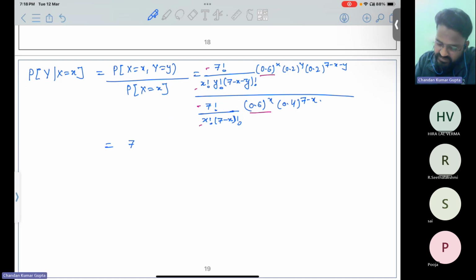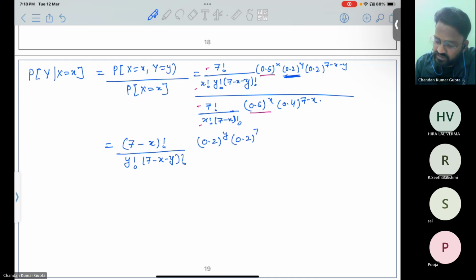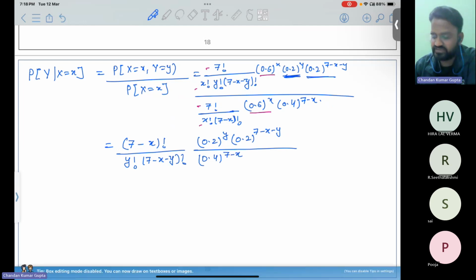It's 7 minus x factorial, divided by y factorial and 7 minus x minus y factorial. The numerator part is 0.2 to the power y and 0.2 to the power 7 minus x minus y, and in the denominator we have 0.4 to the power 7 minus x.